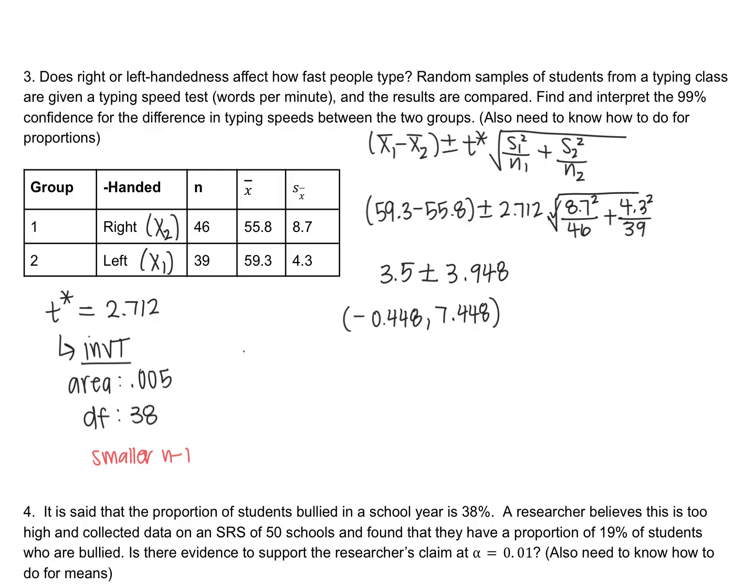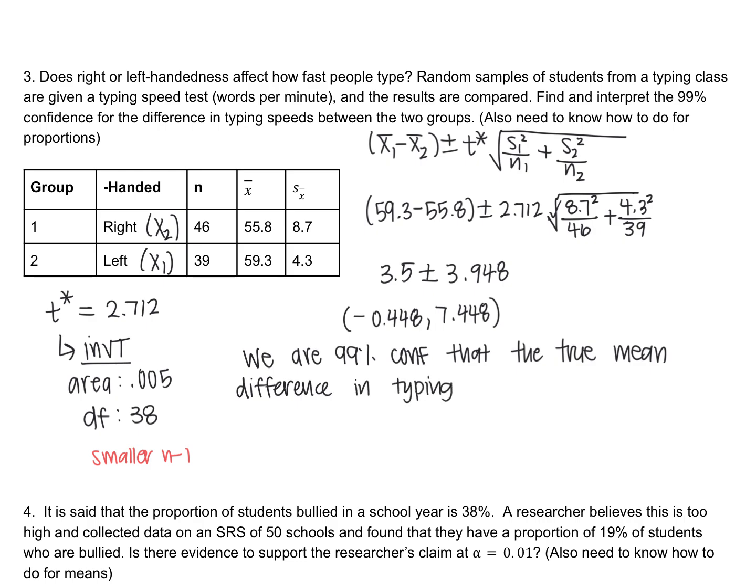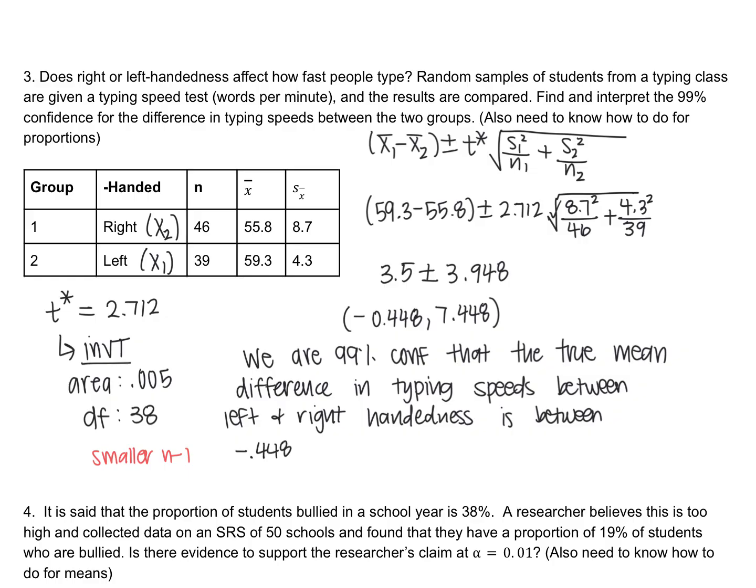And then our sentence. So we are 99% confident that the true mean difference in typing speeds between left and right handedness is between negative 0.448, and then units are going to be words per minute, and 7.448 words per minute.